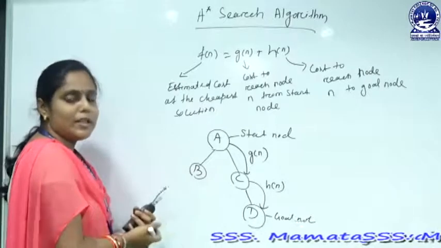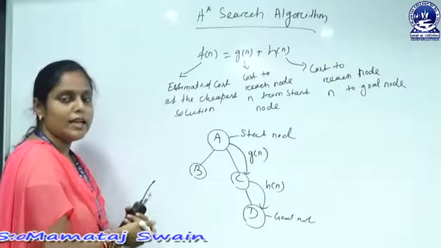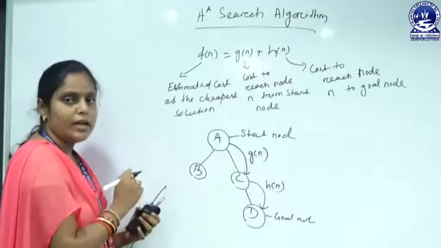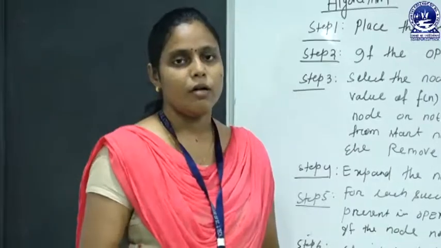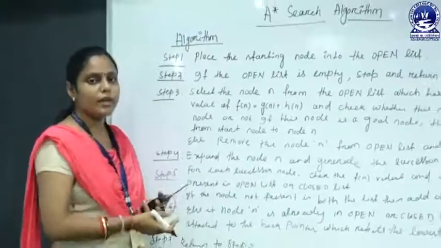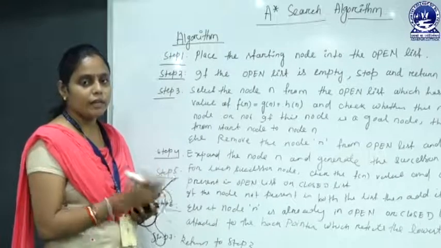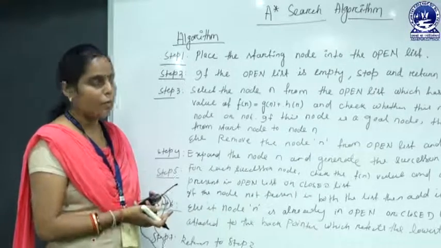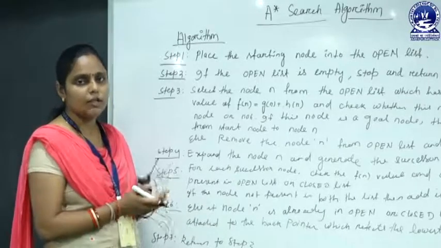This algorithm is similar to the greedy best first search algorithm, but the main difference is that in greedy best first search, f(n) equals h(n), but in A-star search, f(n) equals g(n) plus h(n).